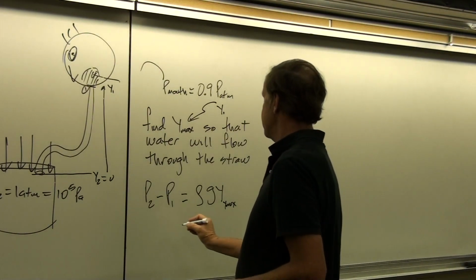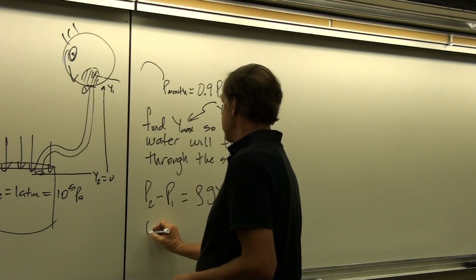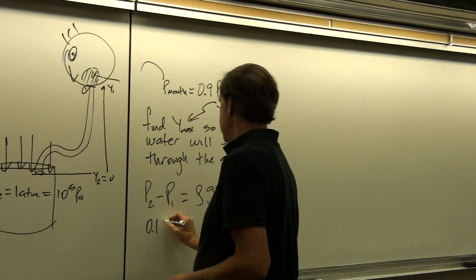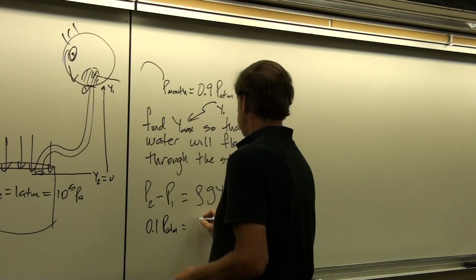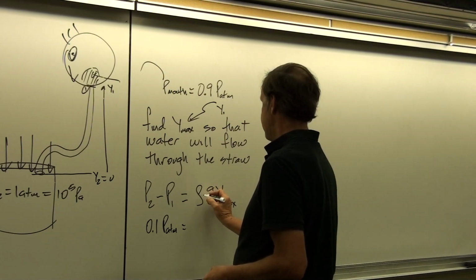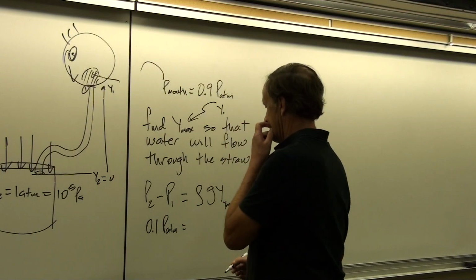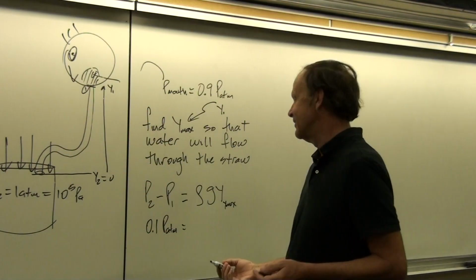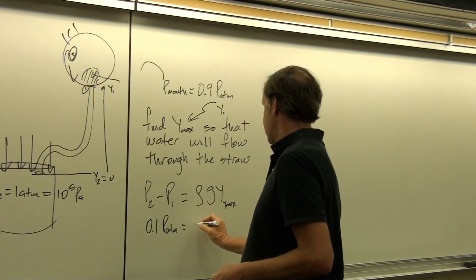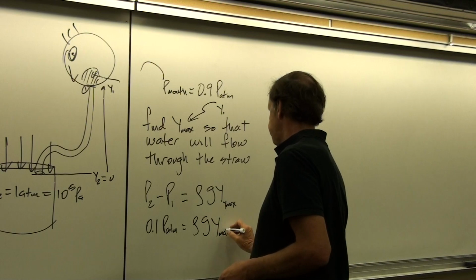And so then that gives us 1 atmosphere minus 0.9 atmospheres is 0.1 times P atmosphere equals rho. That's the density of water, because it's water that's in this, or it could be some kind of soda drink, but it would still be essentially the density of water. And so that would be rho g Y max.